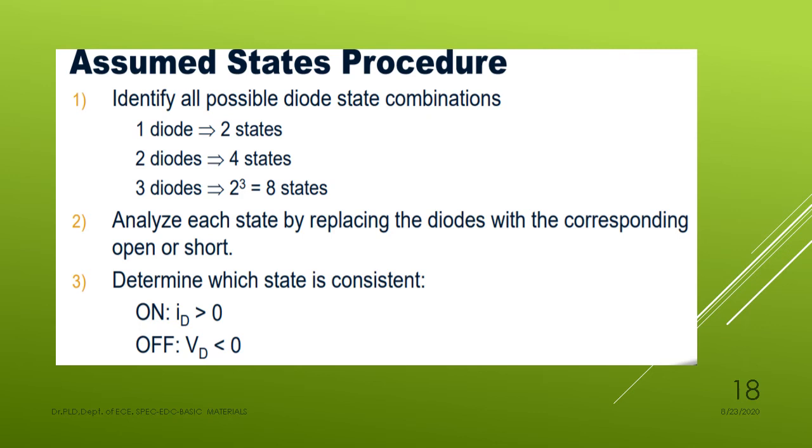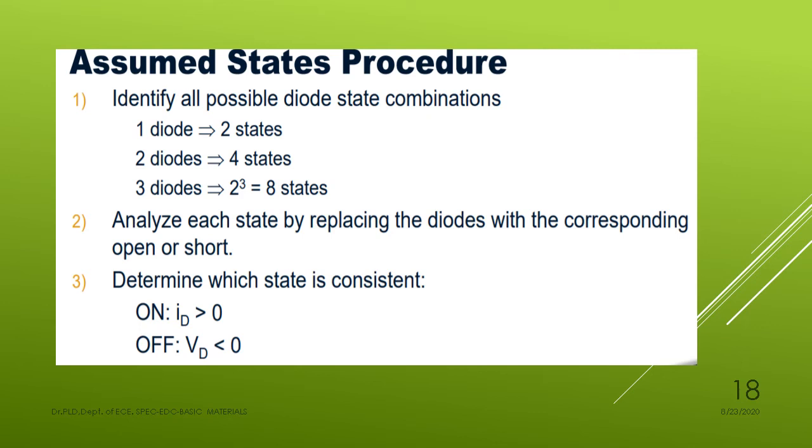Here you have to analyze each state by replacing the diode with the corresponding open or short circuit. Accordingly, we can calculate the type of waveform it generates at its output and determine whether the state is consistent or non-consistent.